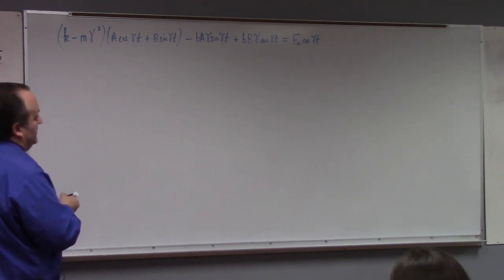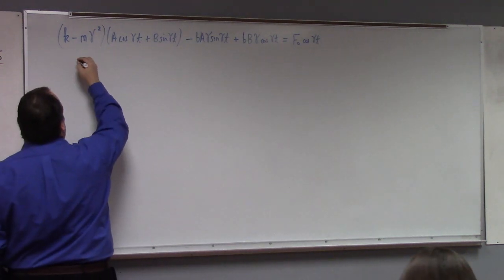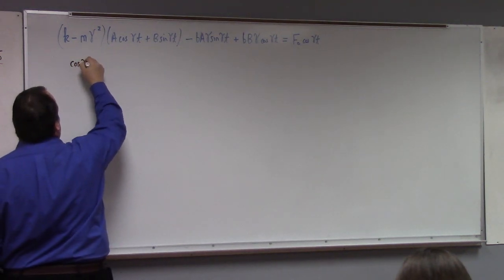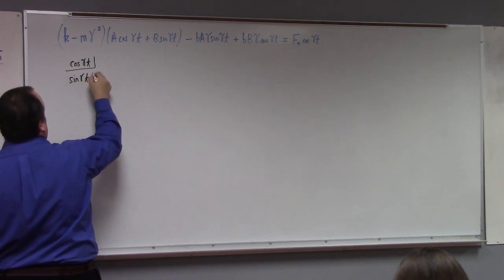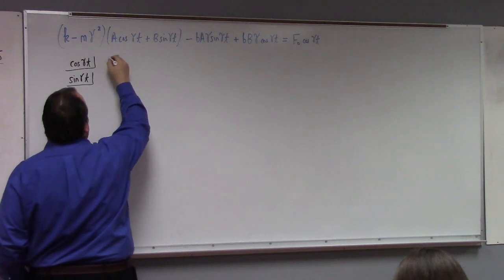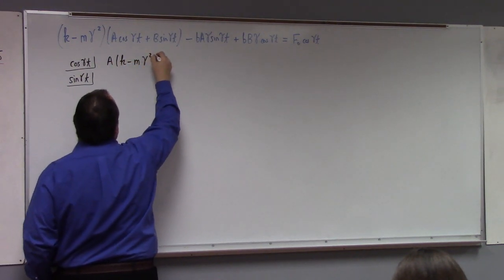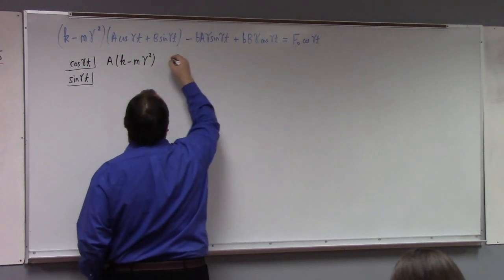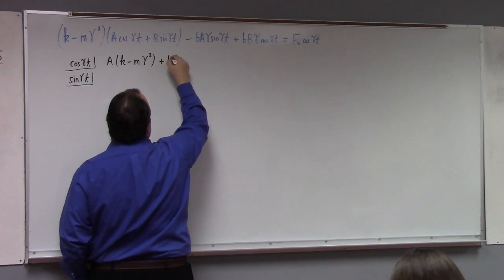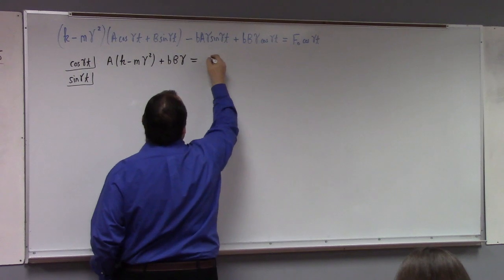What I would do next is equate coefficients of sine and cosine, right? So I've got cosine gamma t terms, and I've got sine gamma t terms. From cosine, I've got a times k minus m gamma squared from this term, and then plus, is there a question? I keep hearing something.